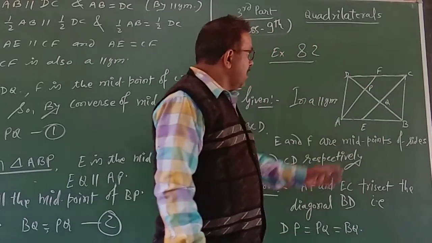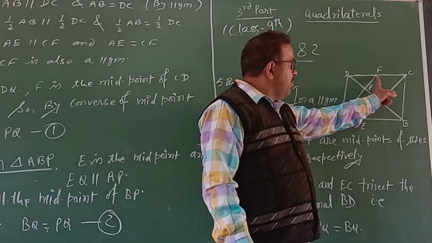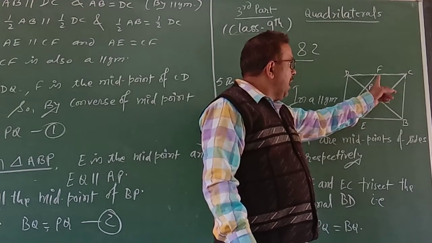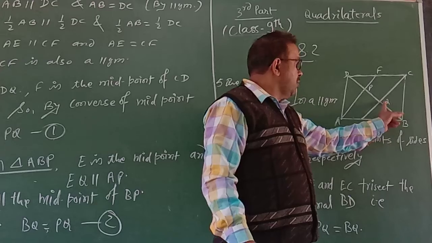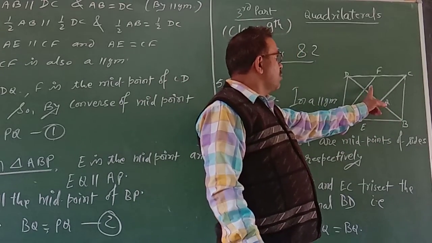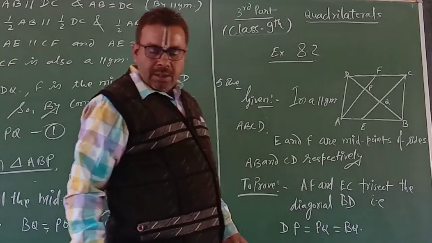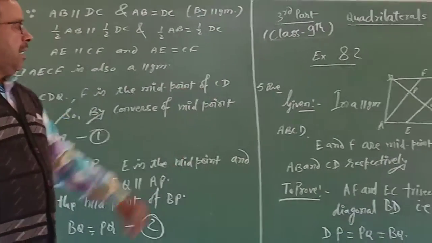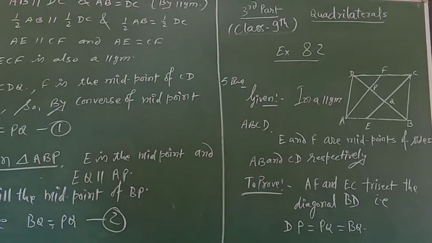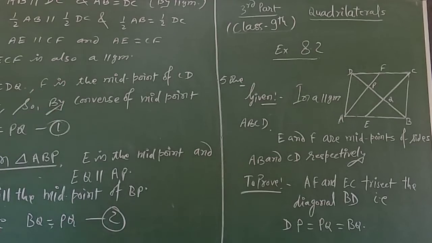So by converse of midpoint theorem, already we have F is the midpoint of CD and FP parallel CQ. Then by converse of midpoint theorem, C will also be the midpoint of DQ. Since if a line is drawn to the midpoint of a triangle parallel to another side, it bisects the third side.